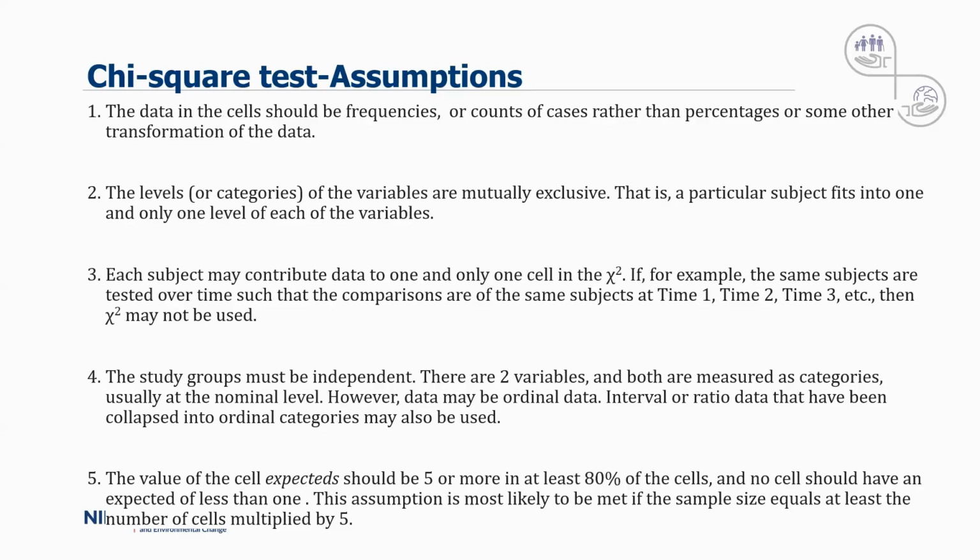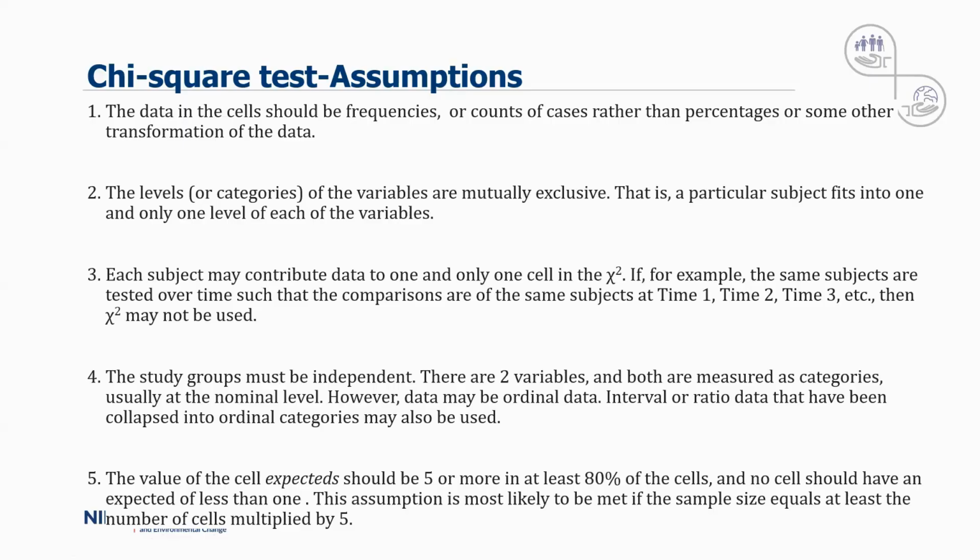And we know that in the chi-square test, we have a contingency table that we prepare which gives us the observed cell frequencies, and the test statistic is calculated based on the difference between the observed and the expected. So the first step that we do in a chi-square is to calculate the expected cell frequencies, and the assumption is that the expected cell frequencies should be 5 or more in at least 80% of the cells.